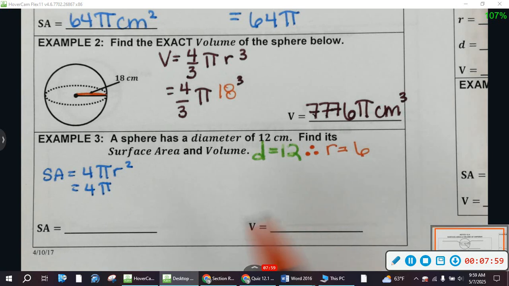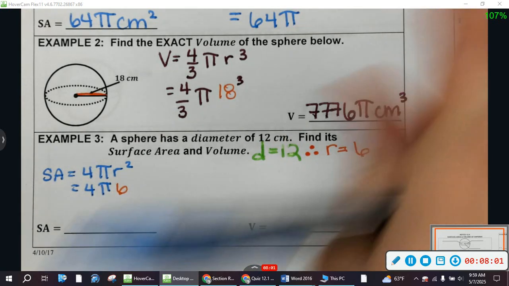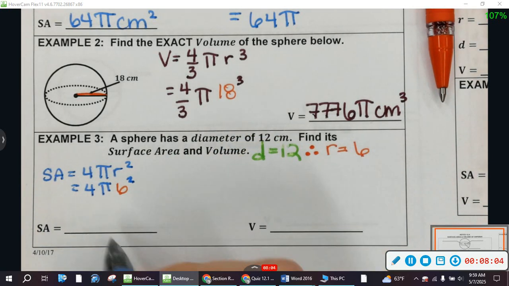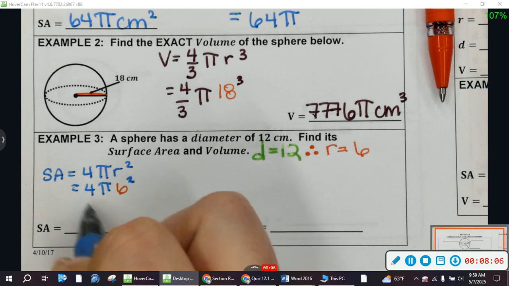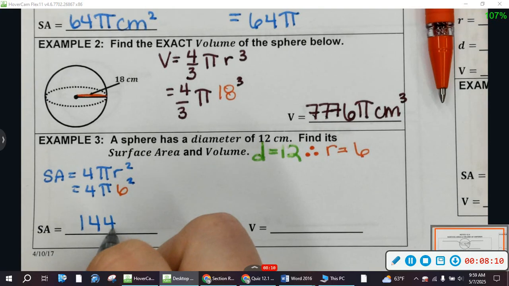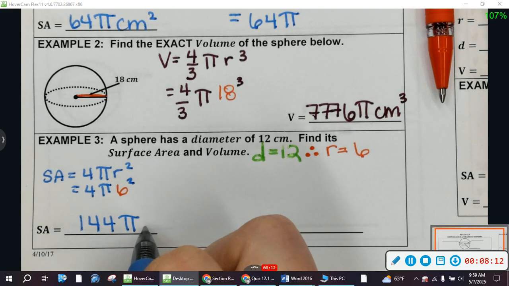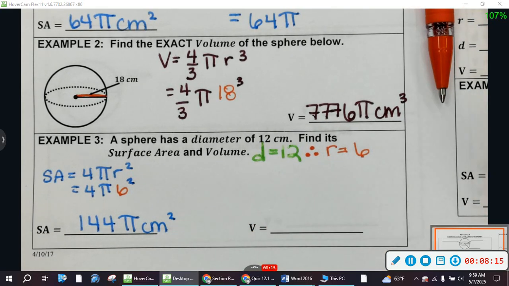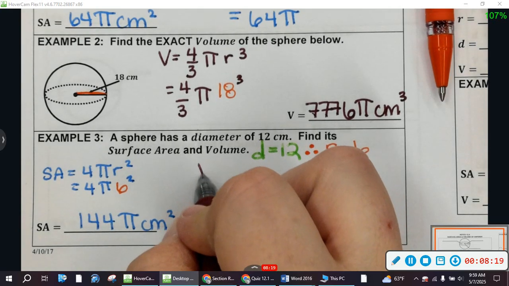Radius we just determined was 6. 6 squared is 36. 36 times 4 gives you 144 pi centimeters squared.